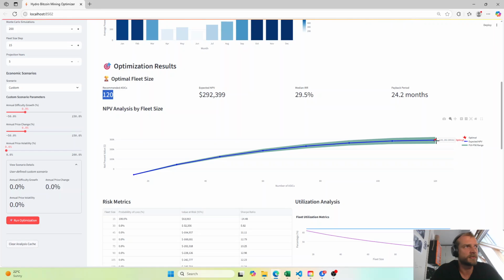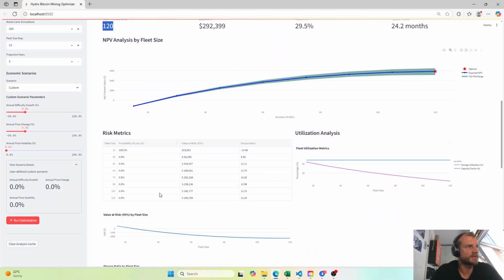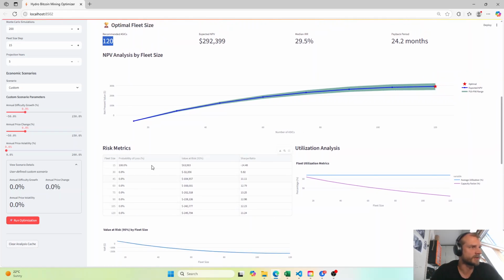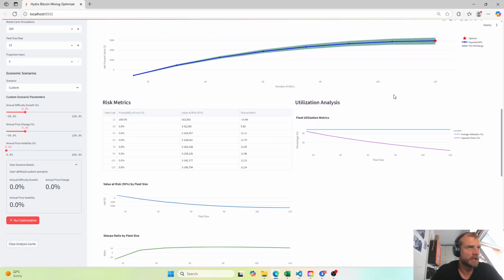Obviously it gives you the highest NPV, but another part is the highest NPV in the least risky situation. Here we have zeros just because we set the price, so volatility doesn't matter. So by default it chooses the highest NPV in this case. But sometimes it could select a bit lower NPV with a lower risk.